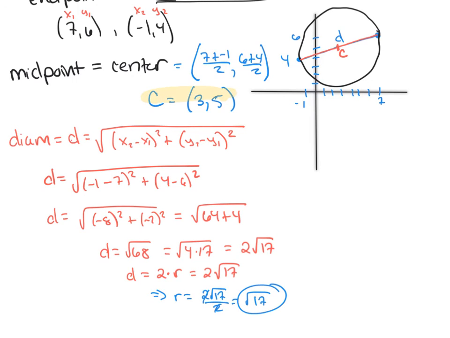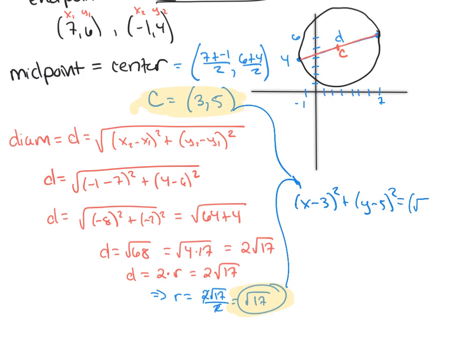We've got the center. We've got the radius. So when we put this all together, we have (x minus 3) squared plus (y minus 5) squared equals, oh, one of these crummy ones, square root of 17 squared. Oh, that'll turn out okay. (x minus 3) squared plus (y minus 5) squared equals 17.